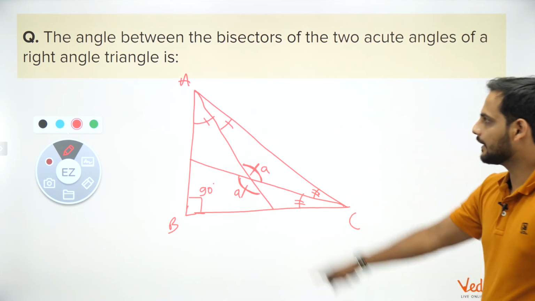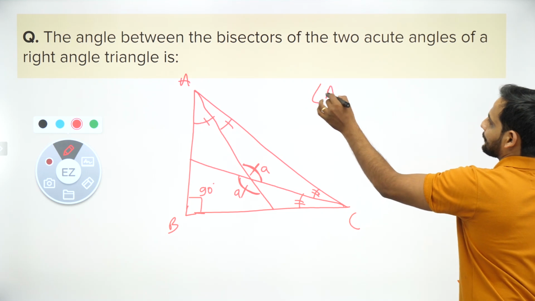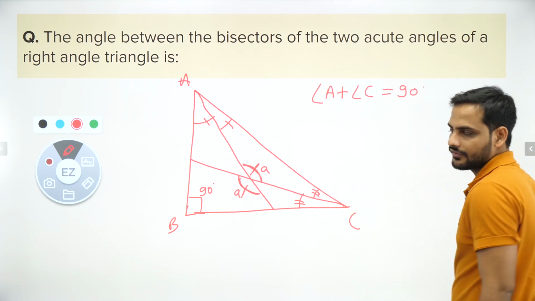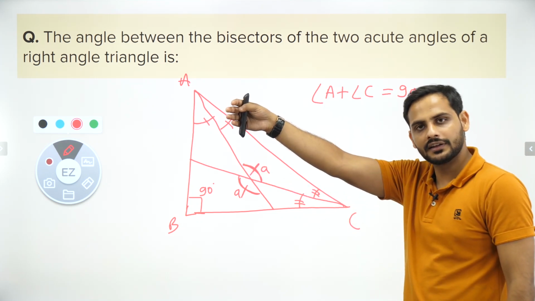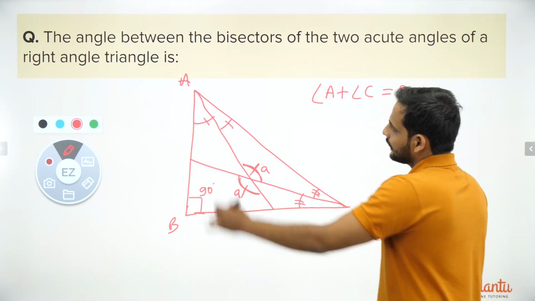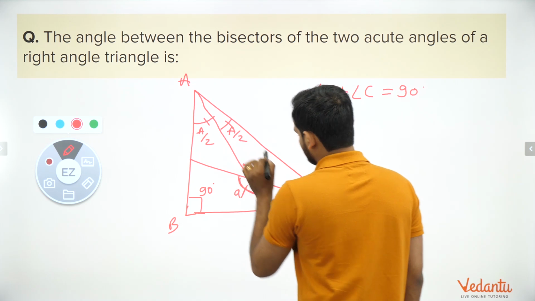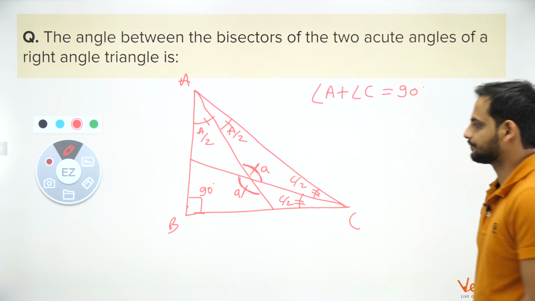If angle B is 90 degrees, I can say angle A plus angle C is 90 degrees, because A plus B plus C is 180, and 180 minus 90 is 90. So if the whole angle is A, this is A by 2, and this is C by 2.